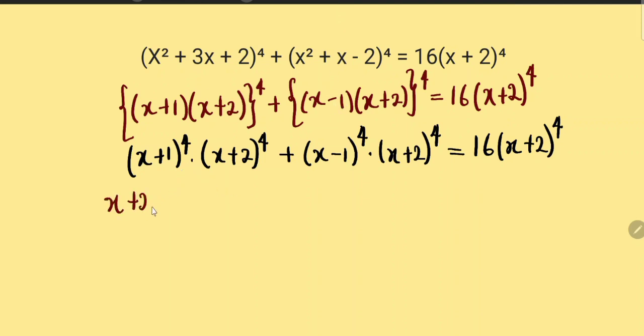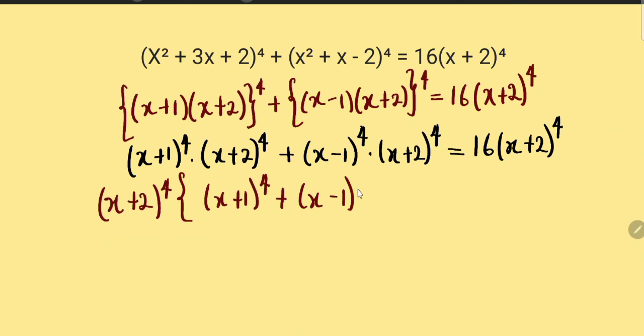Then we are left with this and this. So bracket x plus 1 all raised to the power of 4 plus x minus 1 all raised to the power of 4. Then let's close the bracket. We have is equal to 16 times x plus 2 all raised to the power of 4.